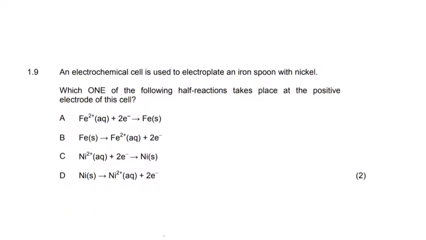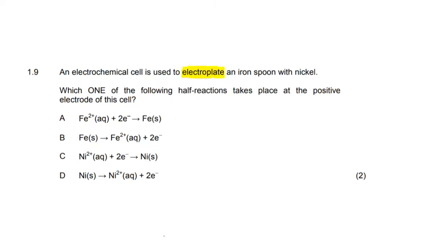The second question, 1.9 for November 2014, then says, an electrochemical cell is used to electroplate. So you should know basically what electroplating is. It's all about coating a metallic layer onto another cheap metal.